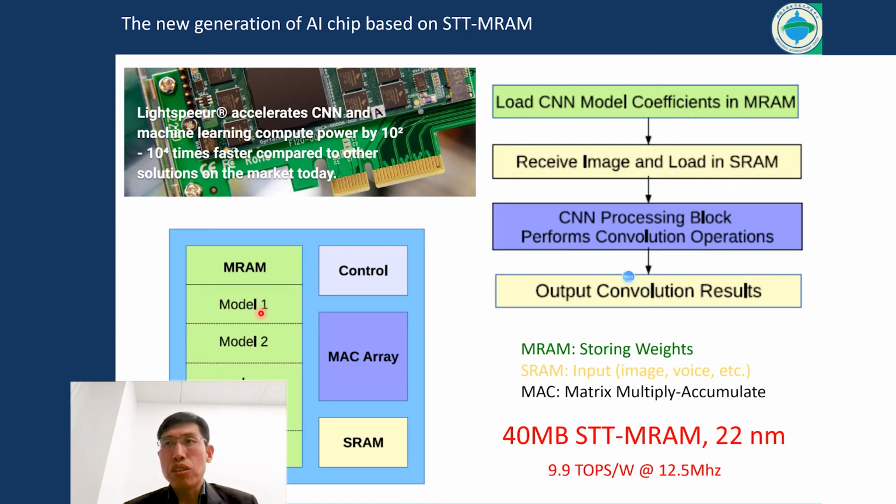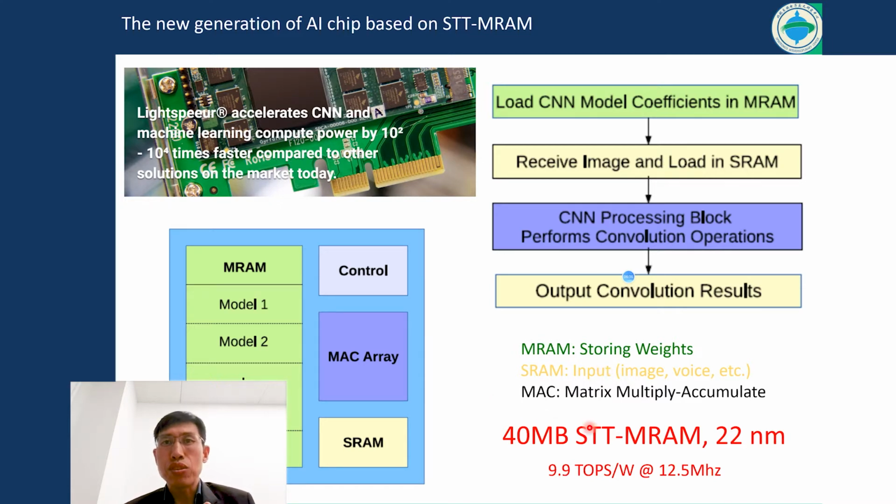We expect to have a large density of memory to bring high precision weights, which would lead to higher intelligence. Therefore, STT-MRAM has much more advantage over SRAM on density.